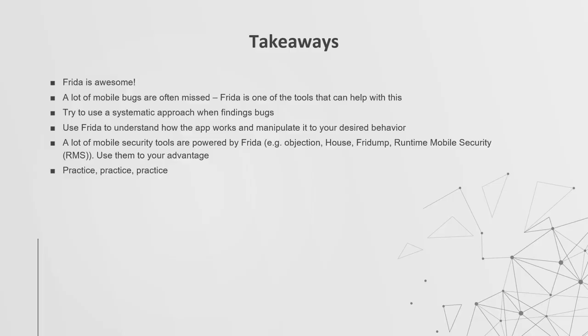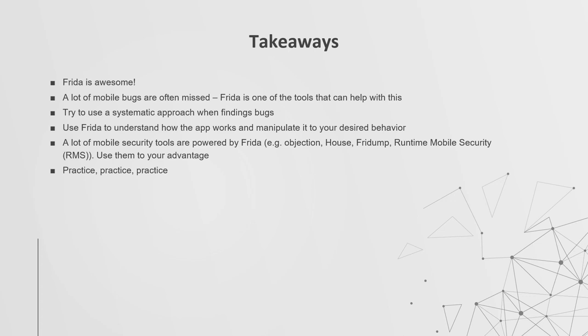So here are some key takeaways. Firstly, Frida is awesome. I think that it's a really powerful tool that can help you find a lot of bugs that are often missed by other researchers. You don't have to do it, but I personally think that having a systematic approach when finding bugs can take you a long way.